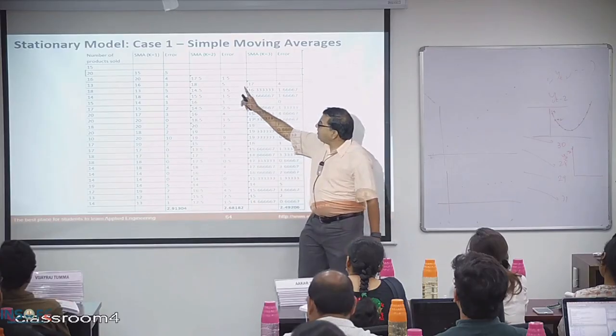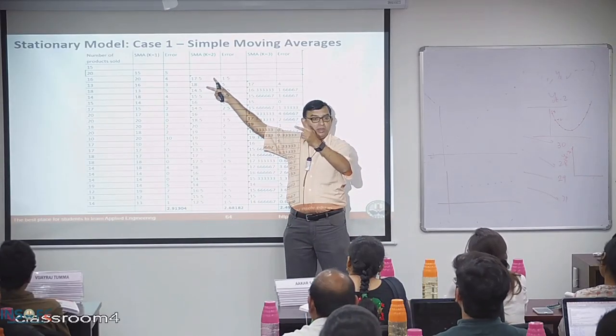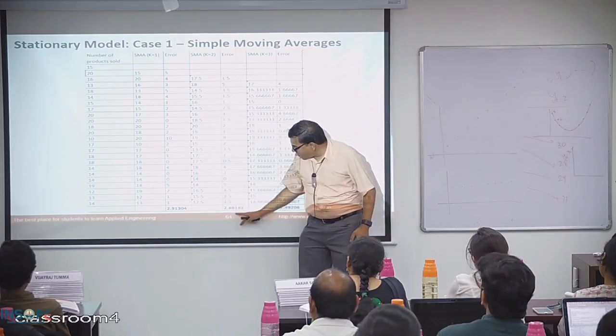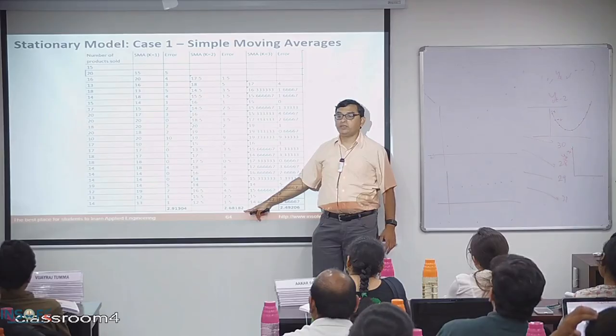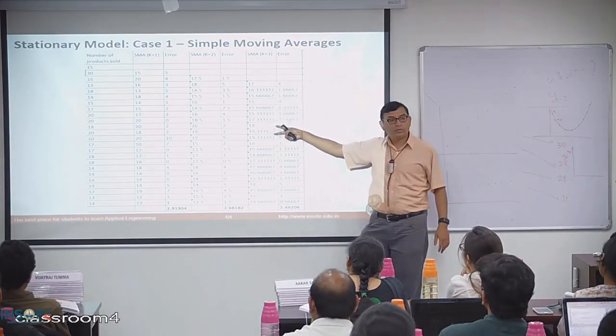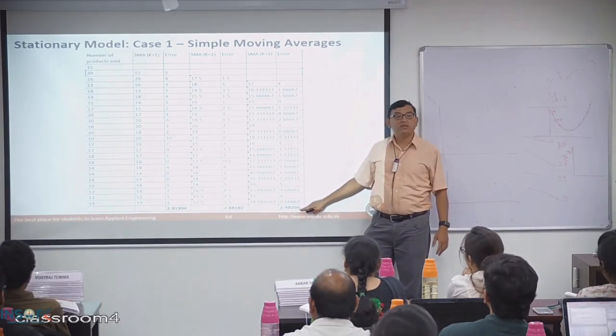If I did a slightly better thing and did the average of the previous 2 months as the next month's forecast, my error turns out to be 2.68. Slightly better. If I take a 3 month average, my error turns out to be 2.49, still better.